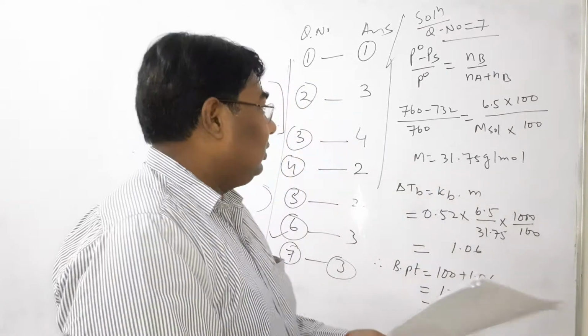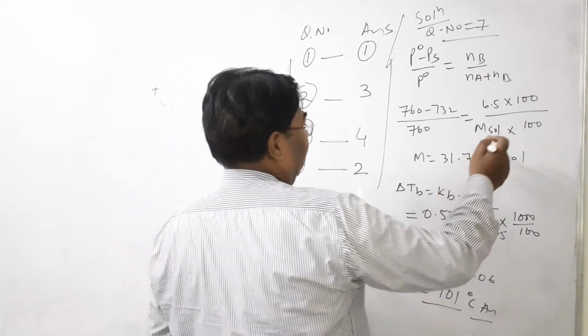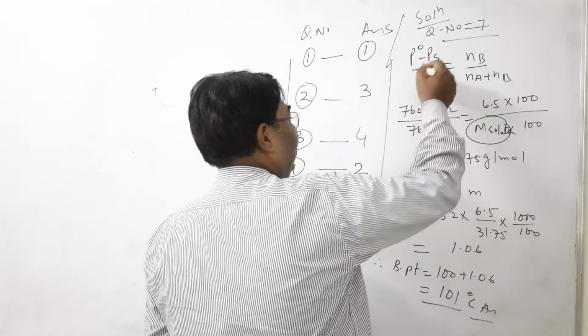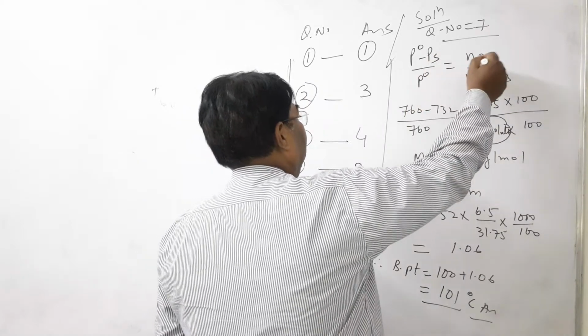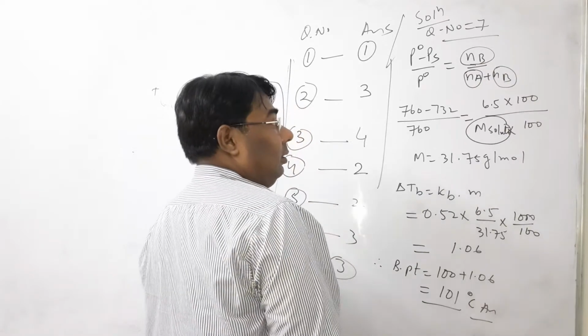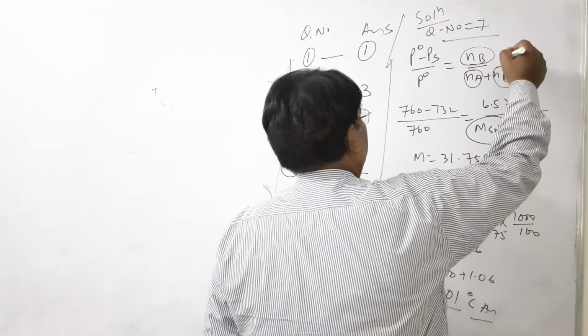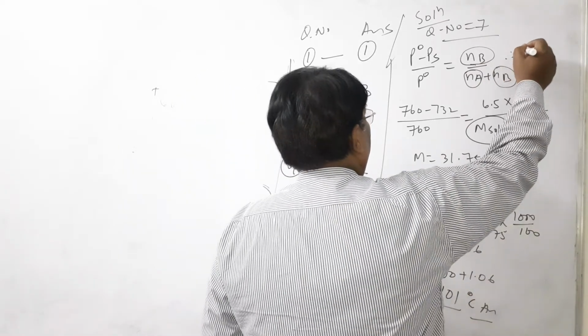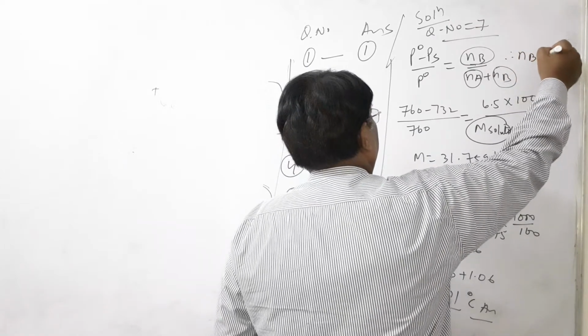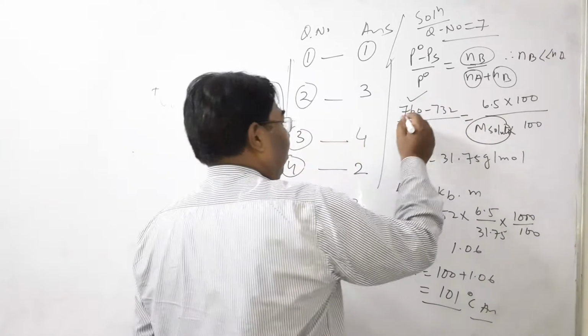By using this, first of all we find the molecular weight of the solute. P naught minus P by P naught is equal to nB, mole of the solute by mole of the solvent. Suppose that nB is lesser than nA, then we apply this formula.